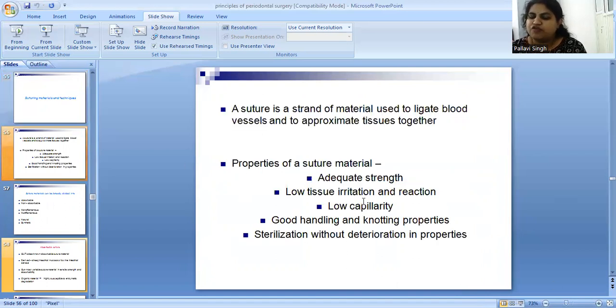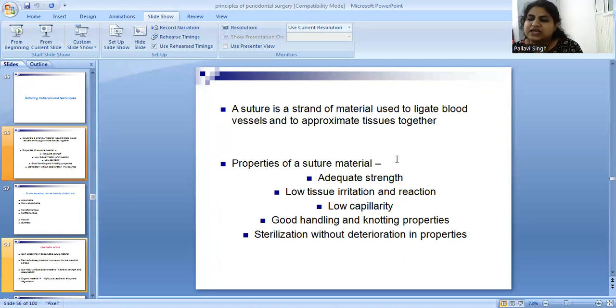What is a suture? Basically, a suture is a strand of material used to ligate blood vessels and to approximate tissues together. Properties of a suture material: it should have adequate strength, low tissue irritation and reaction, low capillarity, good handling and knotting properties, and sterilization without deterioration in properties.